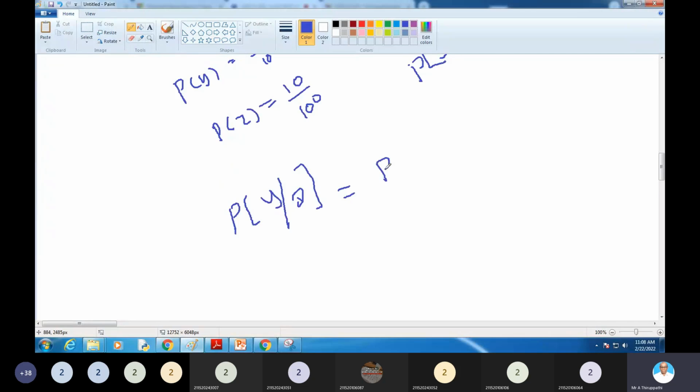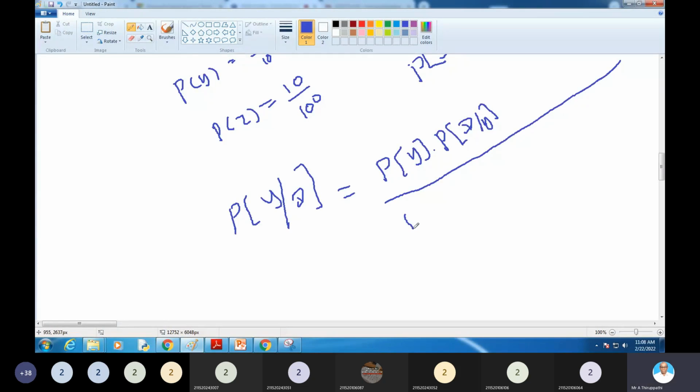P of Y into P of D by Y, divided by the total probability.